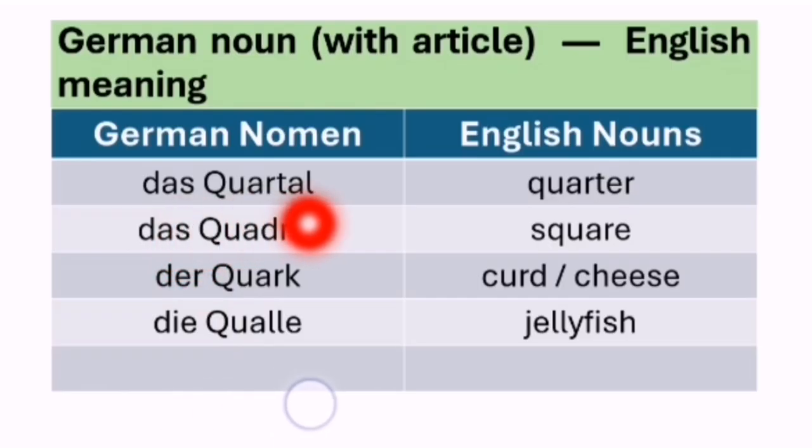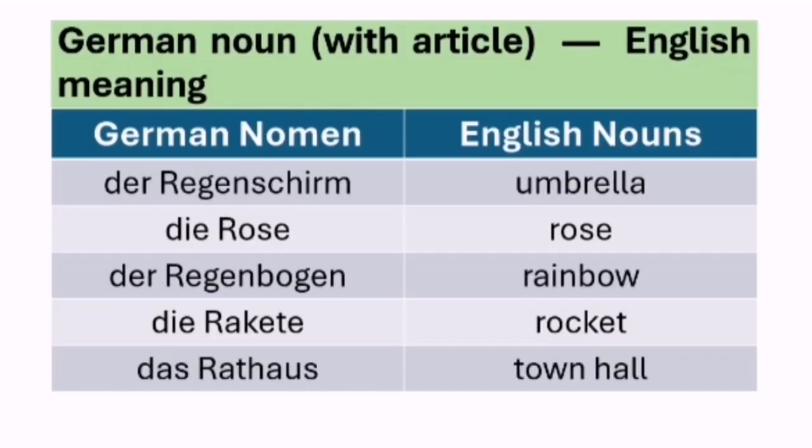Das Quartier, quarter. Das Quadrat, square. Der Quark, curd or cheese. Die Qualle, jellyfish. Der Regenschirm, umbrella. Die Rose, rose. Der Regenbogen, rainbow. Die Rakete, rocket. Das Rathaus, town hall.